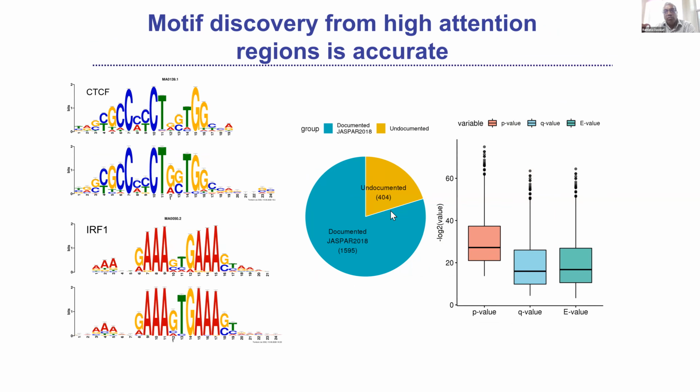And there are 400 motifs that are undocumented. These could be false positive motifs, or some novel motifs, which we need to investigate. But the fact that the majority of these were found de novo, without taking any help of position weight matrices or any known patterns, tells us that the DNABERT motif algorithm is doing a really good job.